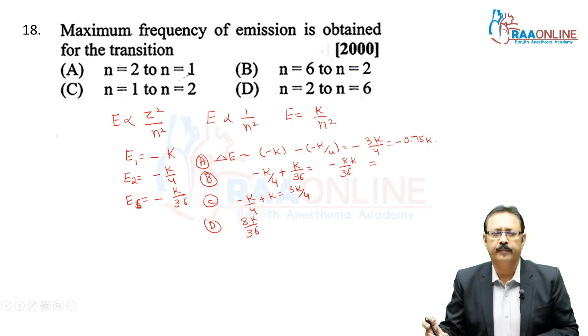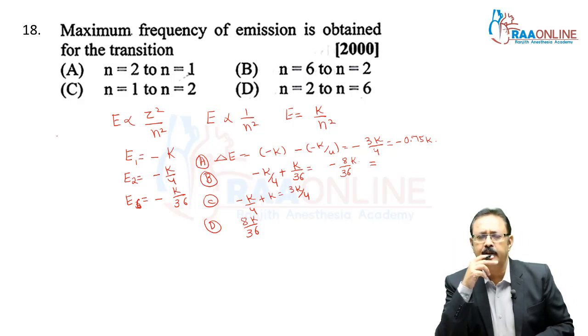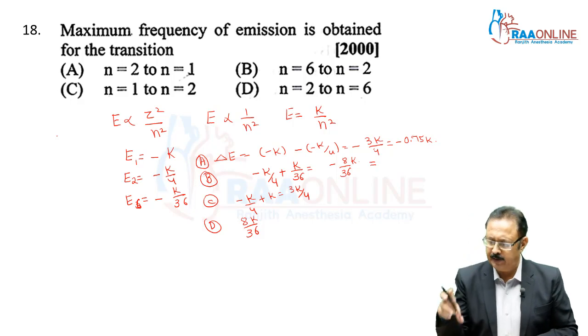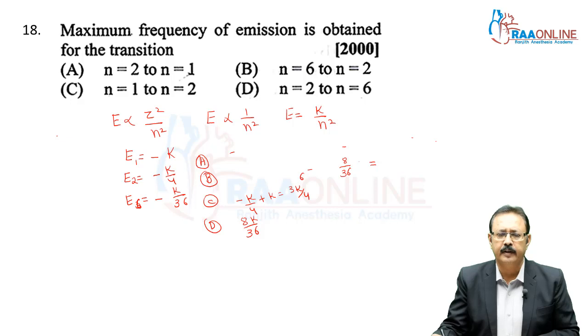For B, maximum frequency of emission. So when it is coming from 6 to 2, higher energy level to low energy level, it will emit the energy from where it is coming. From higher energy level, it has higher energy in that orbit.